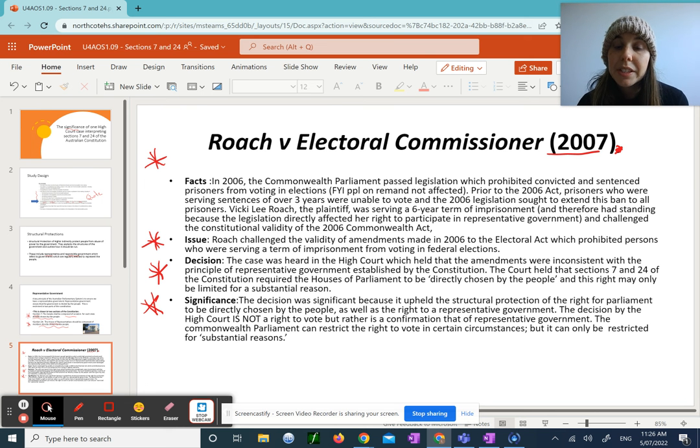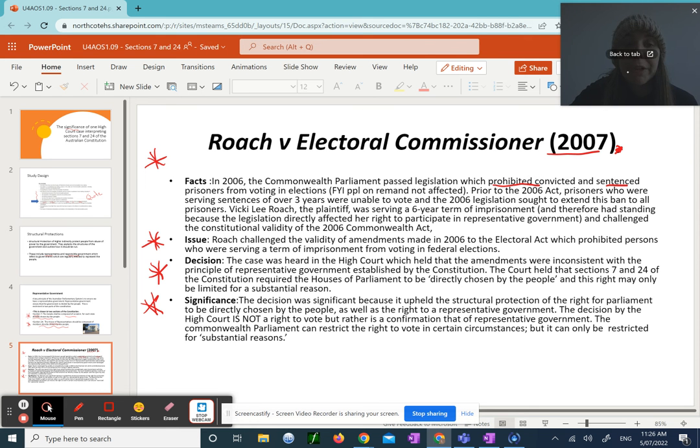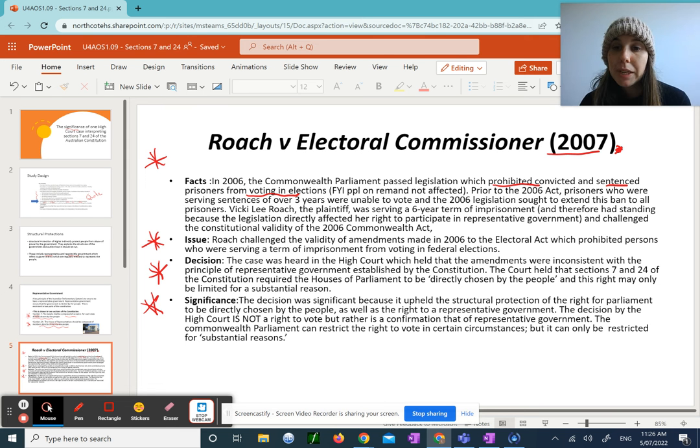In 2006, the Commonwealth Parliament of the time passed some legislation which prohibited convicted and sentenced criminals from voting in elections completely. Prior to this, so prior to 2006, prisoners who had been sentenced under 3 years were still able to participate in Australian elections. Okay. However, this legislation changed that to restrict all prisoners.